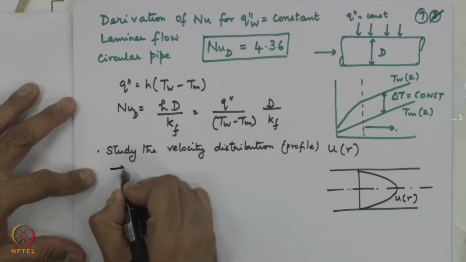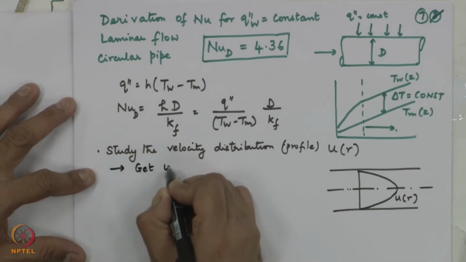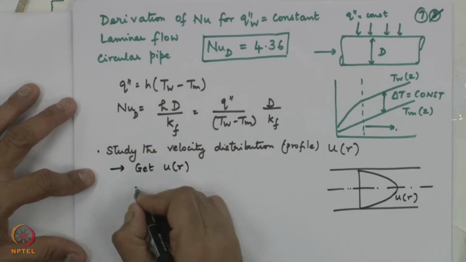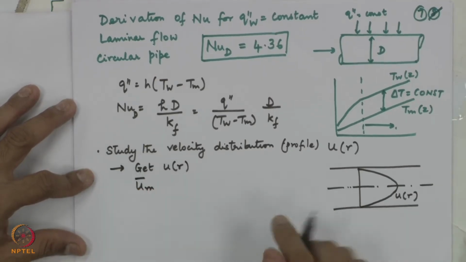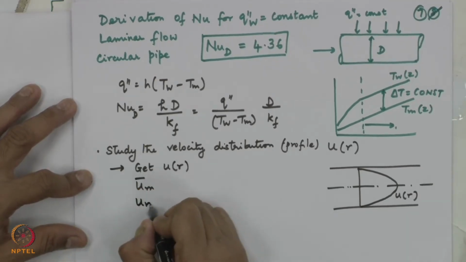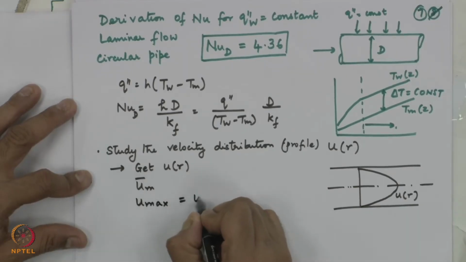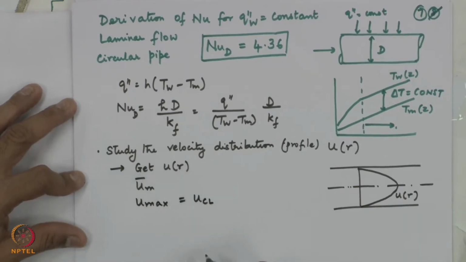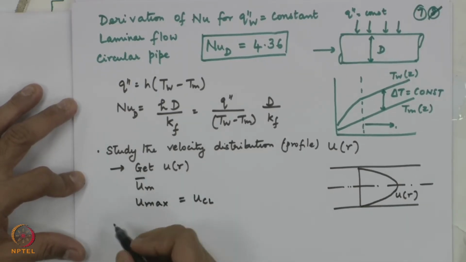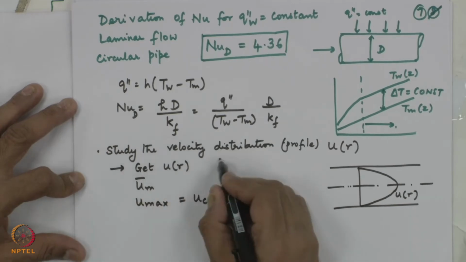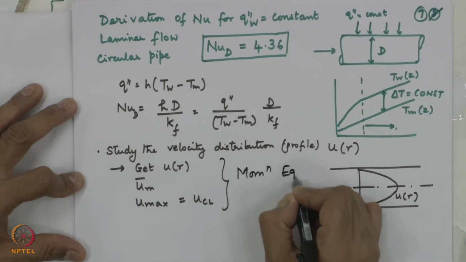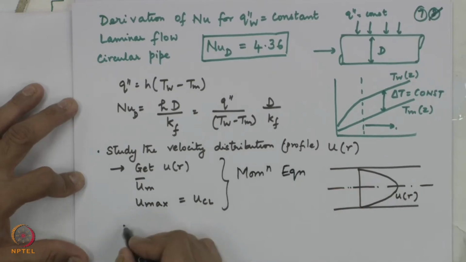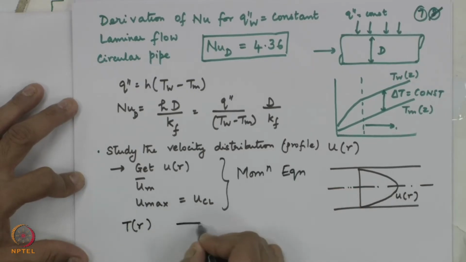So, step 1, get the definition of u of r. From this, get the average or mean velocity, get the expression for maximum velocity or the center line velocity. This is from the momentum equation. Then go to the energy equation and get T of r.